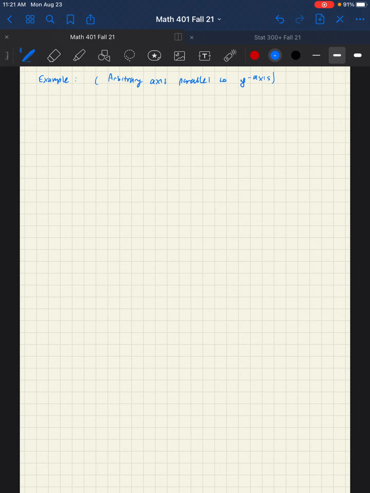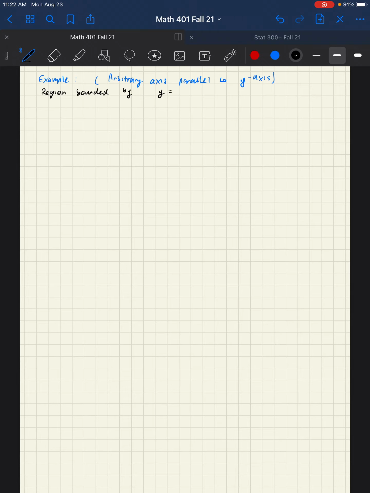This is going to change how we evaluate the radius of the shells. And so for this one, we're going to take this a little bit slower. Let's see the region that we're talking about here.